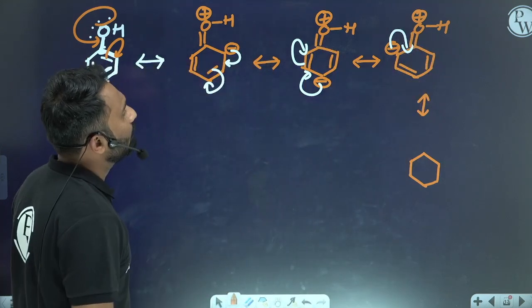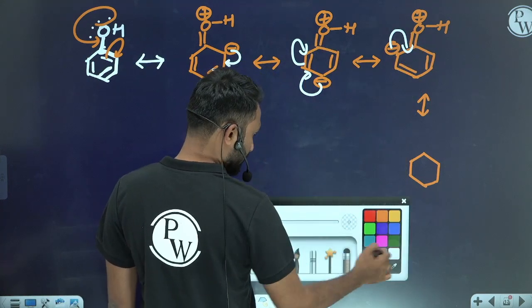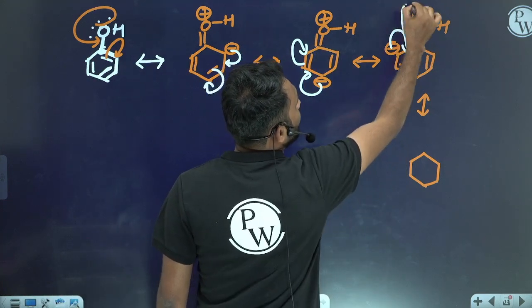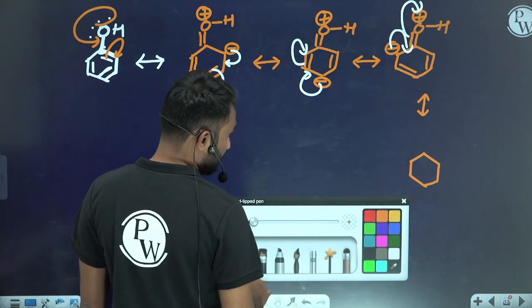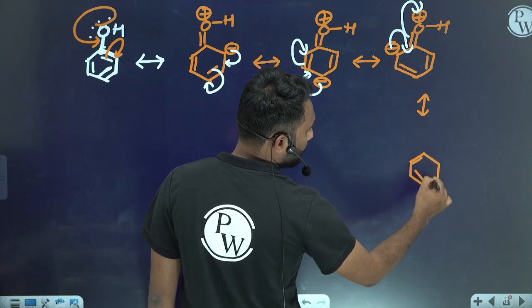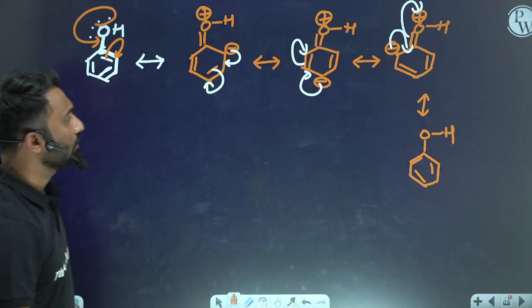Now again it will be delocalized here. Now this pi bond again will be shifted towards oxygen. Clear? Now again the aromaticity is restored.